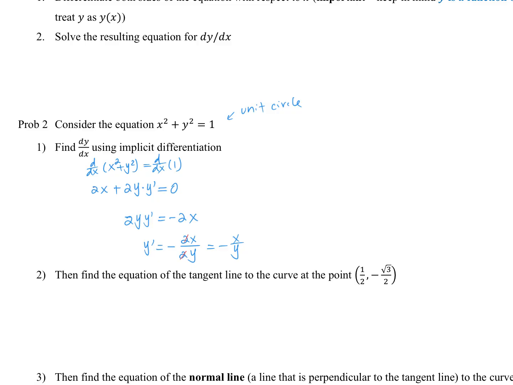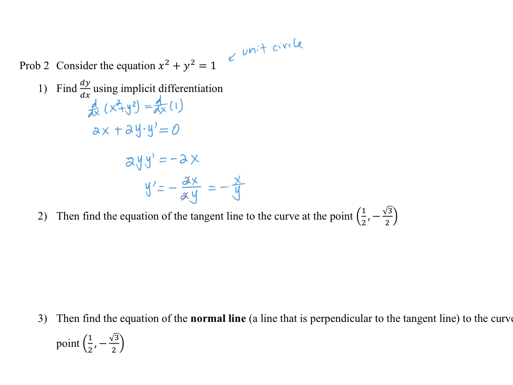Now let's look at the second part. Find the equation of the tangent line to the curve at this point, 1/2 and negative root 3 over 2. Again, just want to visualize what's going on. The original equation is a unit circle equation, so this is a unit circle.